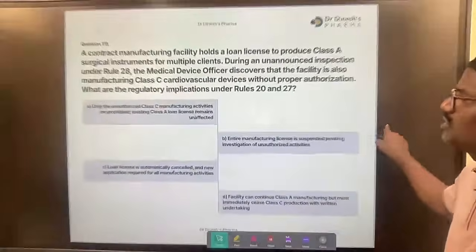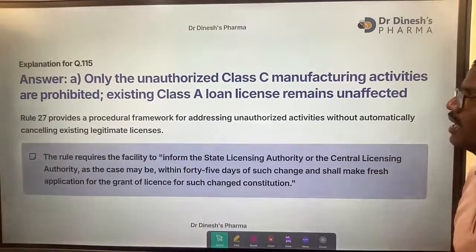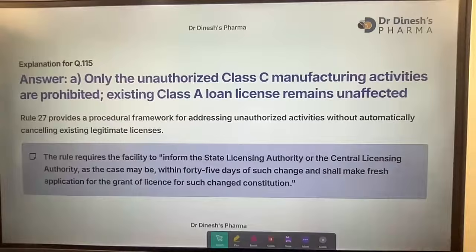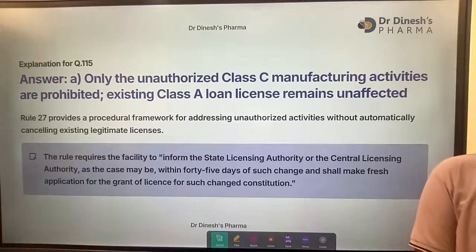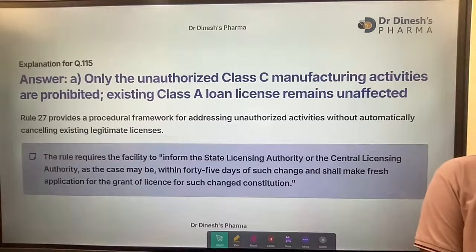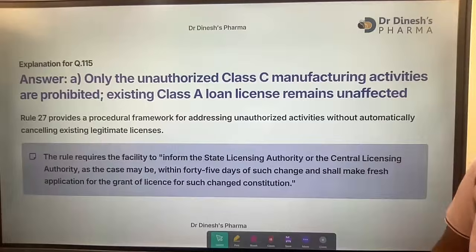Let's go to the discussion. So answer A: only unauthorized class C manufacturing activities are prohibited. The existing class A loan license remains unaffected. So they can continue with the class A license, but they should stop immediately with class C. Rule 27 provides a procedural framework for addressing unauthorized activities without automatically cancelling an existing legitimate license.